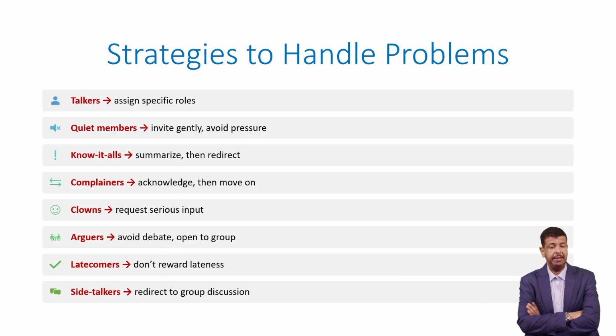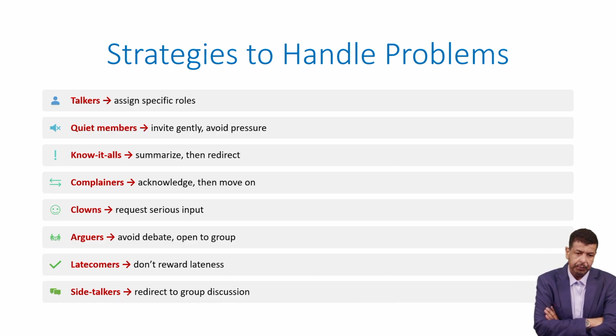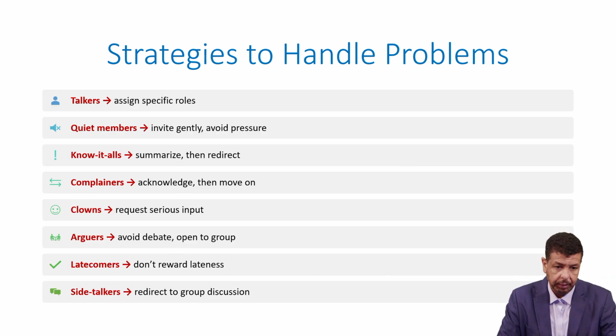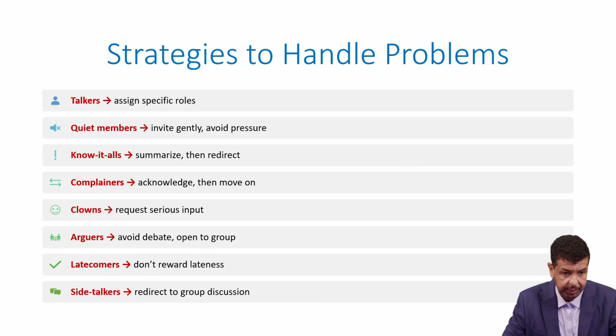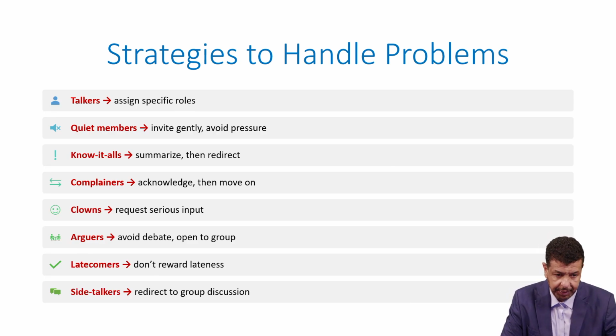For the talkers, you can assign them a specific role. For the quiet ones, you can invite them gently and avoid pressure. For the people who behave as experts who know it all, you can summarize their thoughts, then redirect the discussion to the others. You may encounter some complainers. You have to acknowledge their enthusiasm, then move to others.